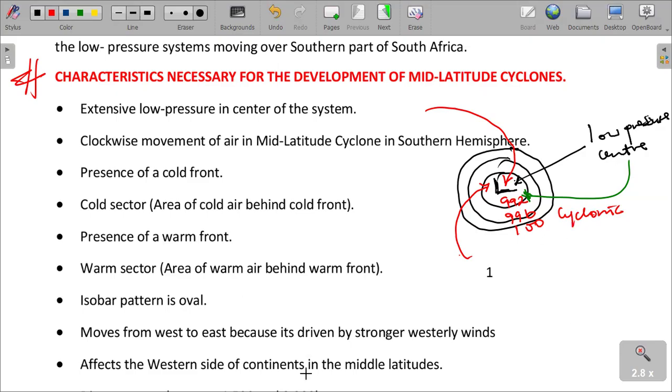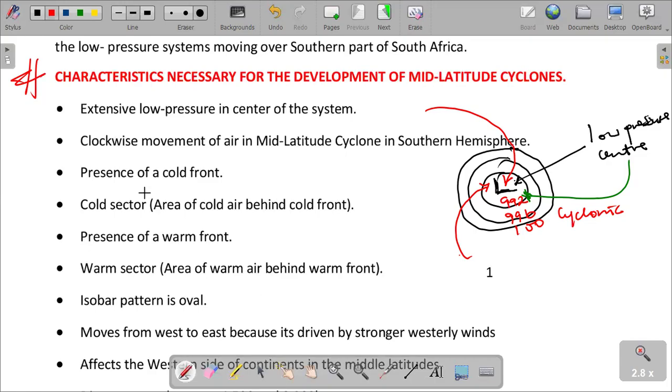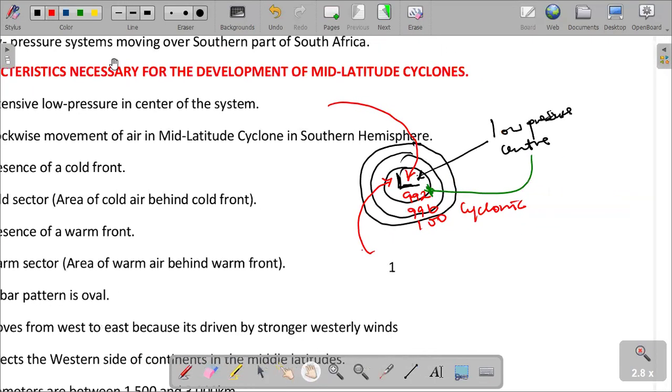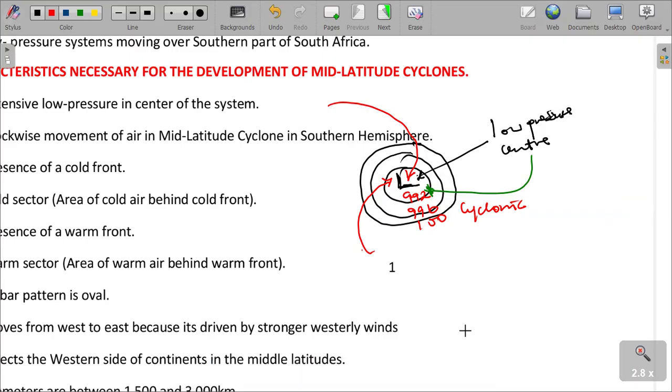Cyclonic circulation that is taking place in the southern hemisphere.